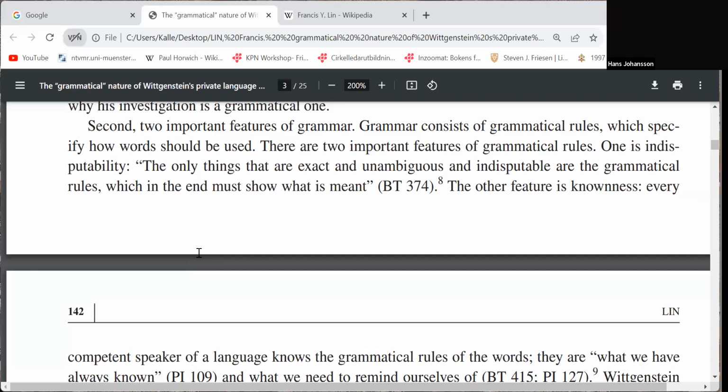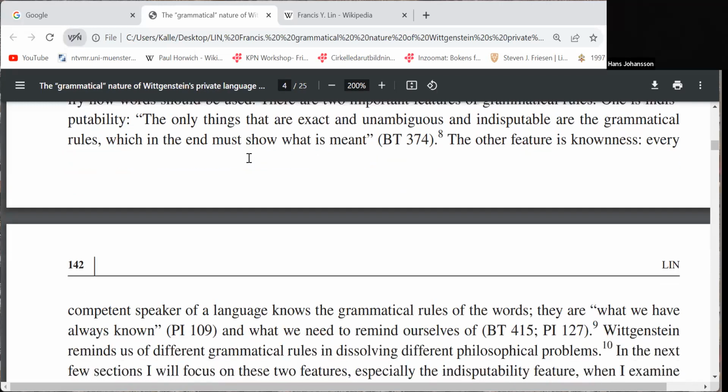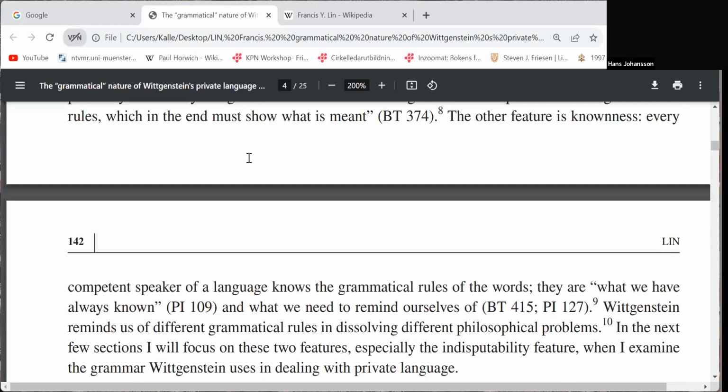The other feature is knownness. Every competent speaker of a language knows the grammatical rules of the word.